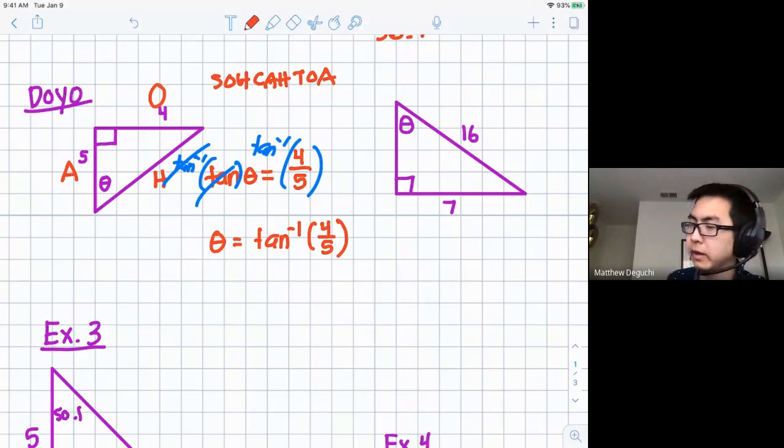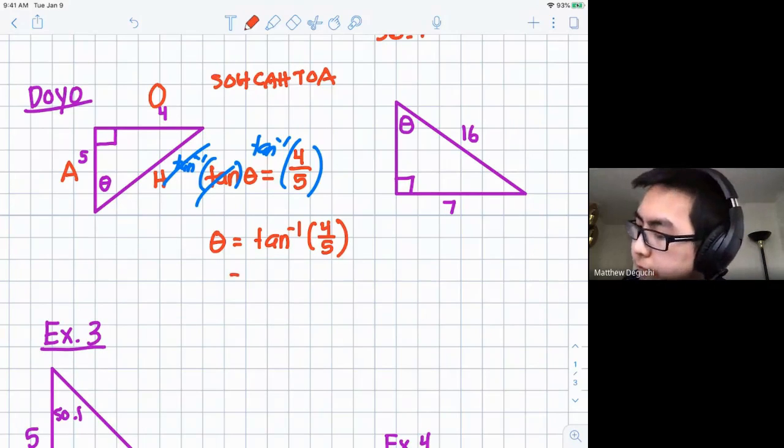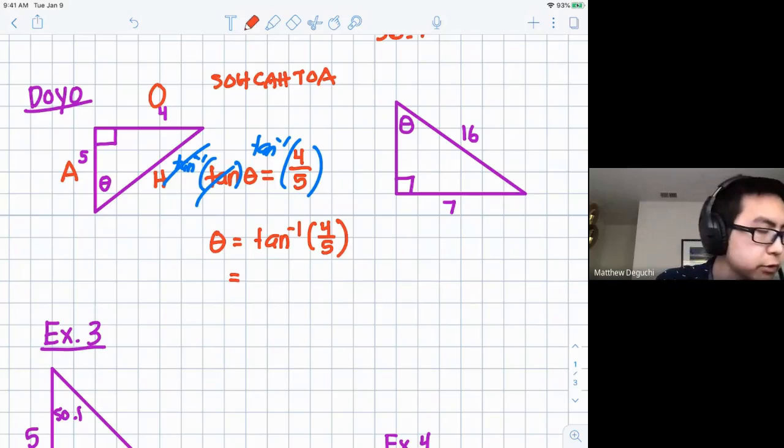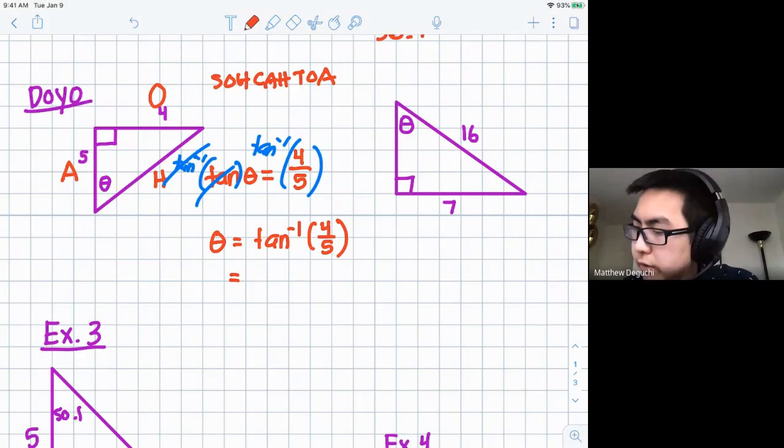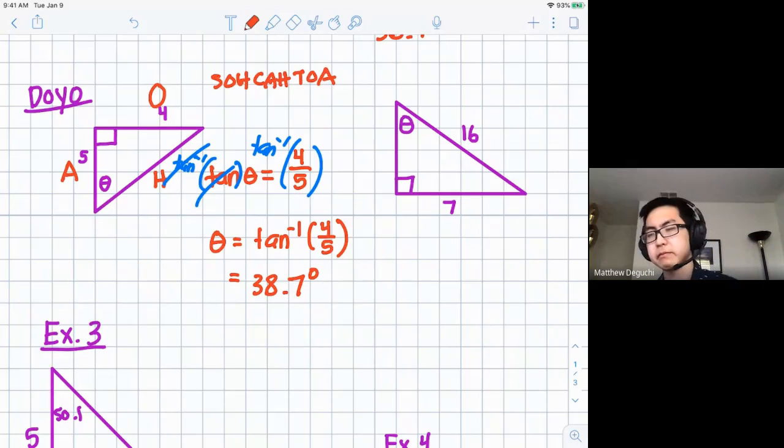So in your calculator, once you do tan inverse of 4 divided by 5, it is 38.7 degrees. And that's your final answer for that.